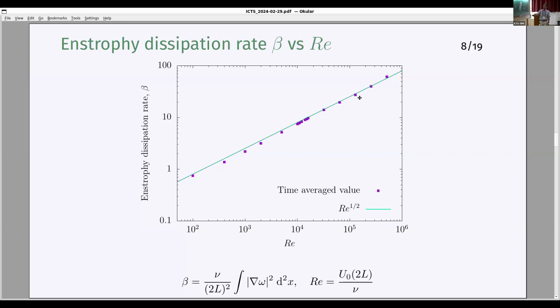As I discussed, below Reynolds number 10,000 it is basically the stationary state, the laminar state, and above 10,000 it's periodic. And then here is the turbulent state. Both the stationary and turbulent states have the same scaling, and it seems to persist to much larger Reynolds numbers. That's okay, we don't know. I just calculated up to 500,000.